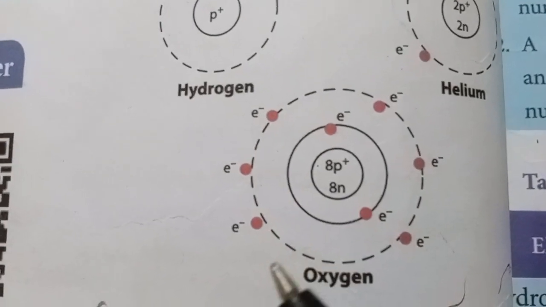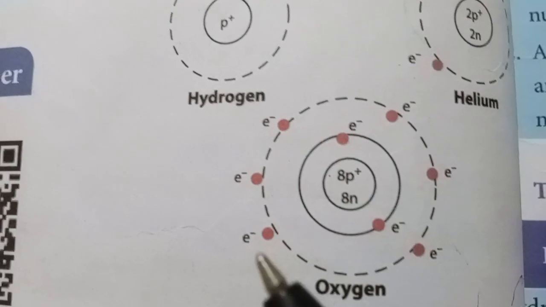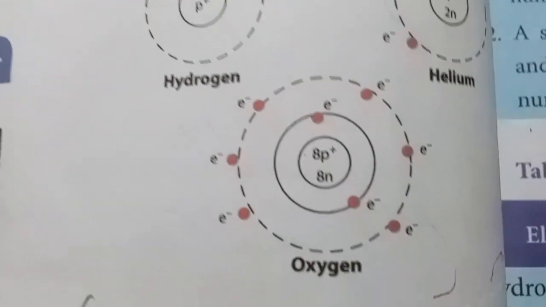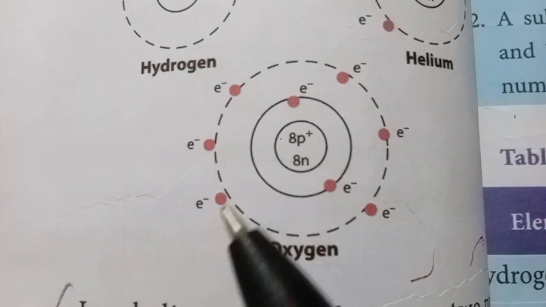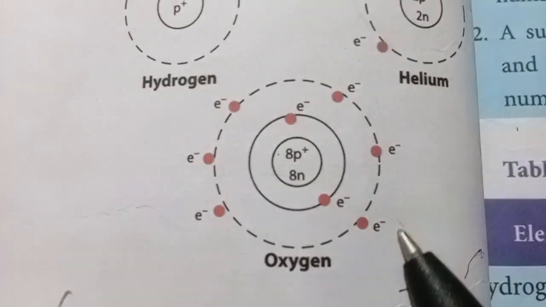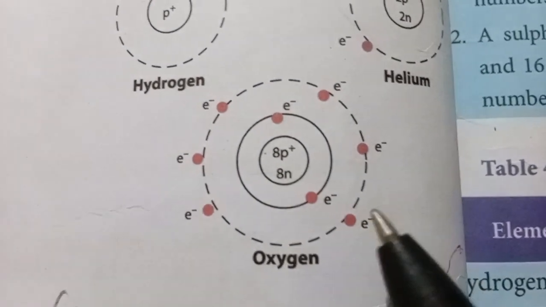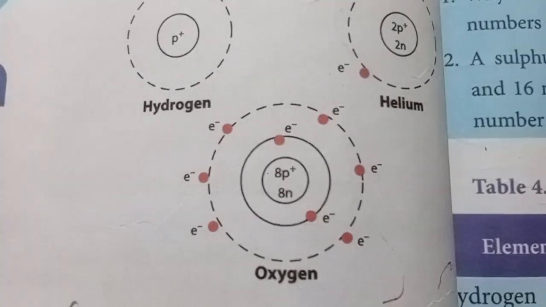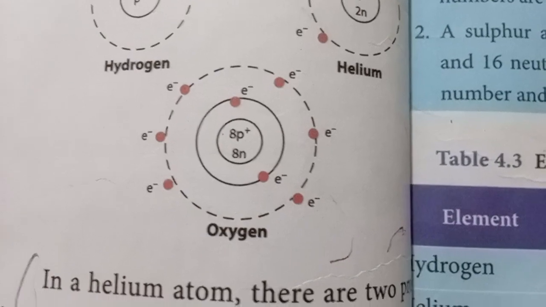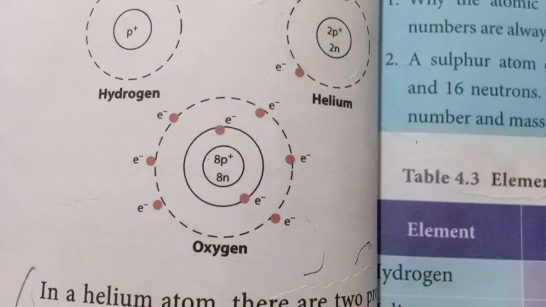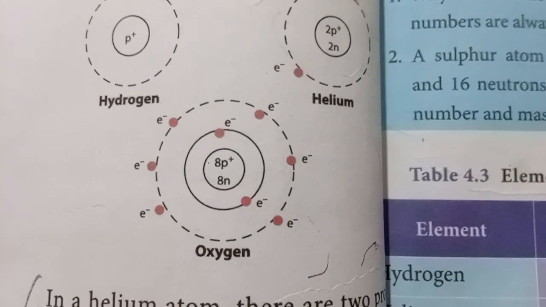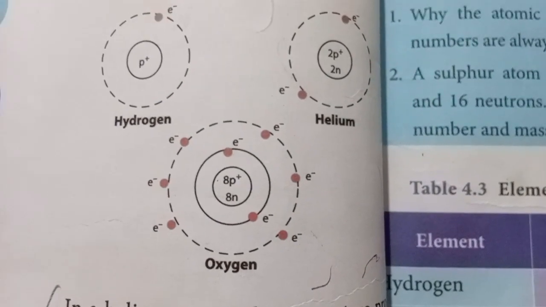See, actually, the valency of any given atom is determined by the electrons present in the outermost orbit of the atom. So here oxygen has 6 outermost electrons. See this, 3, 4, 5, 6. These 6 electrons are involved in chemical reactions. So the valency of the oxygen atom is 6. Okay. So what is the atomic mass of oxygen? 16, that is 8 plus 8 neutrons. Like that we can calculate for others.